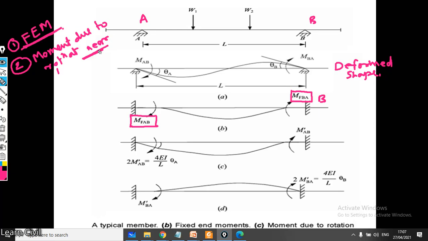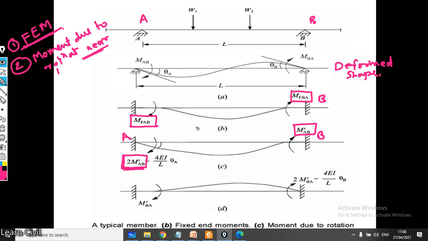Let us consider the moment required for producing unit rotation at end A is 2M'AB. As some moment equal to twice M'AB is developing here, half of this moment will be transferred to end B, and this transferred moment will be M'AB.